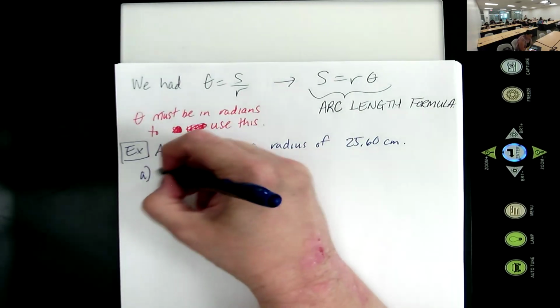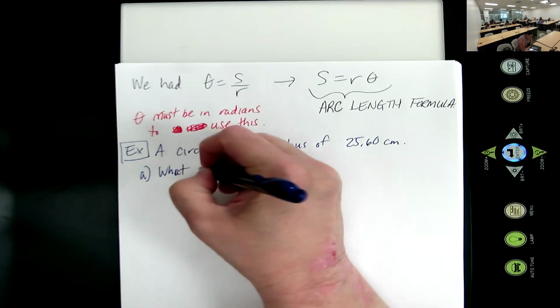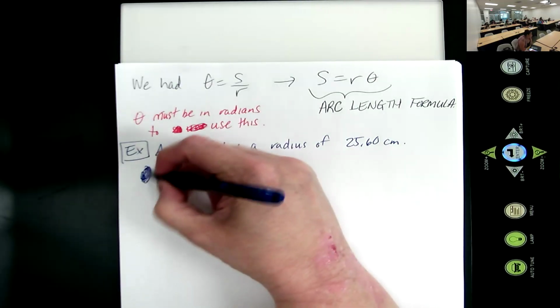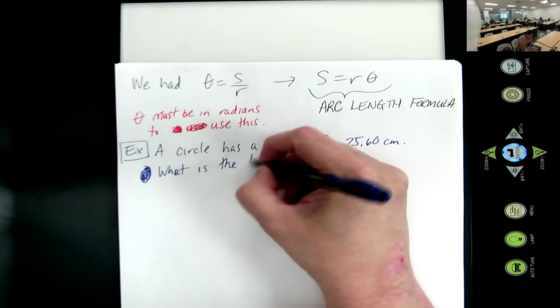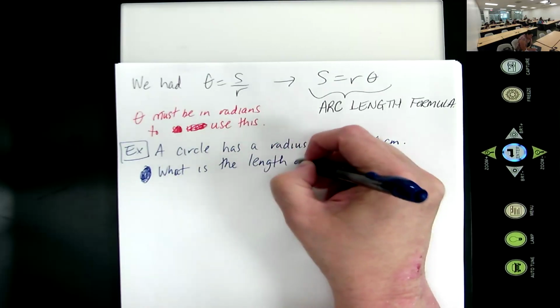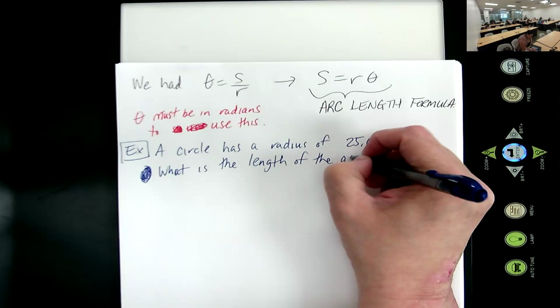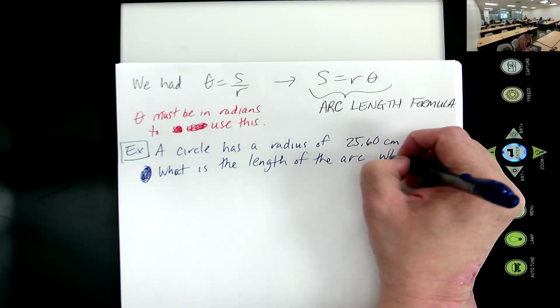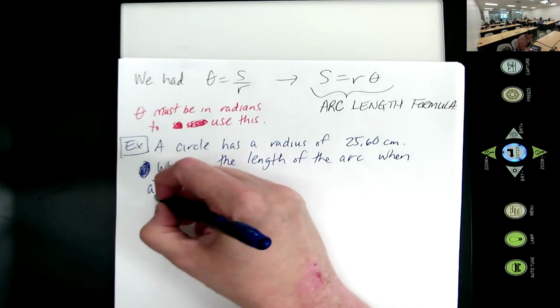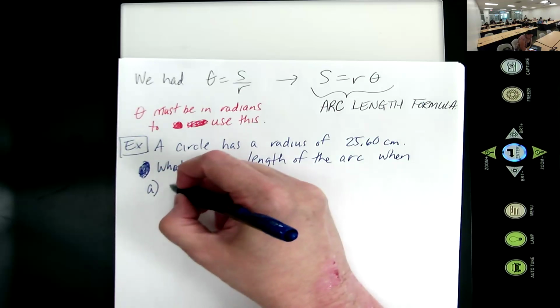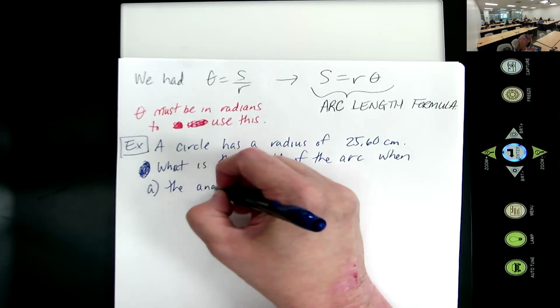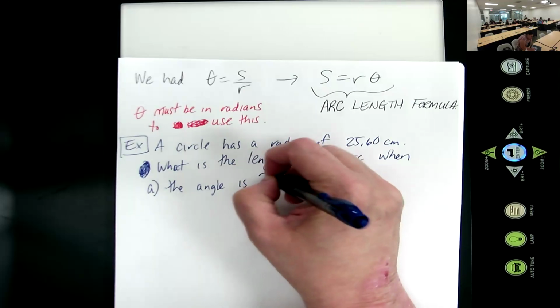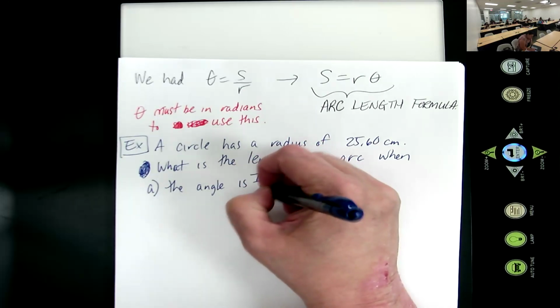Question A, what is the length of the arc when the angle is 7 pi over 8 radians?